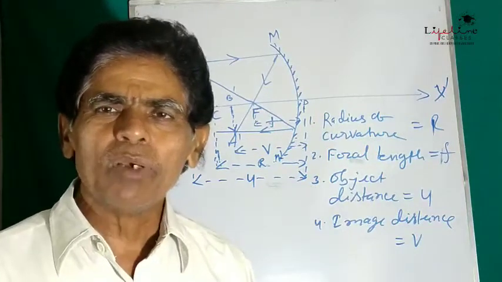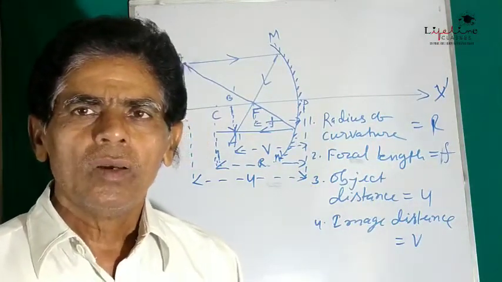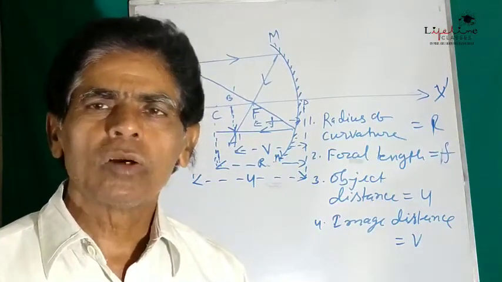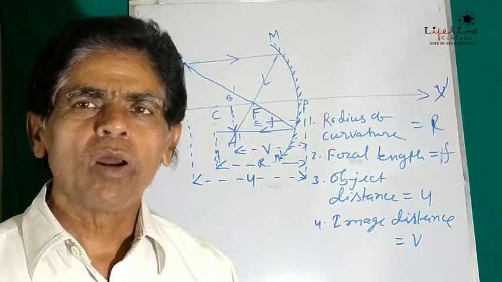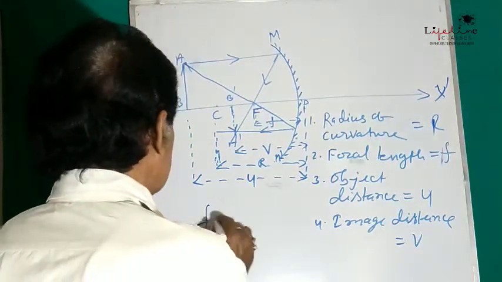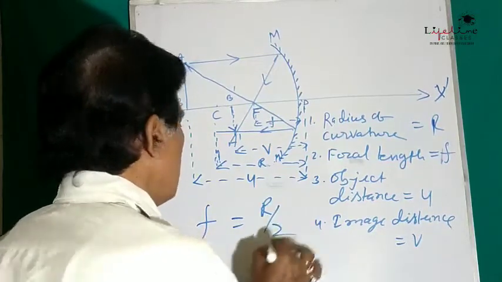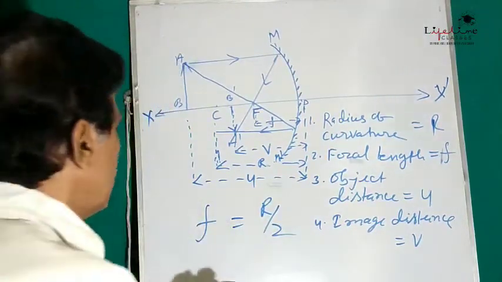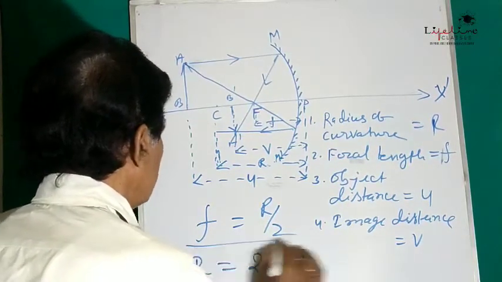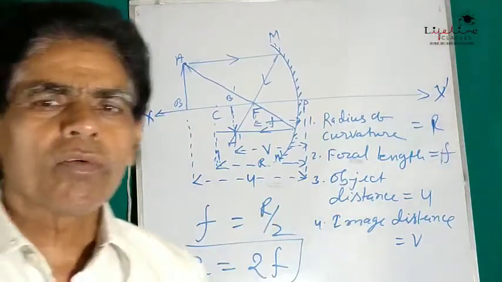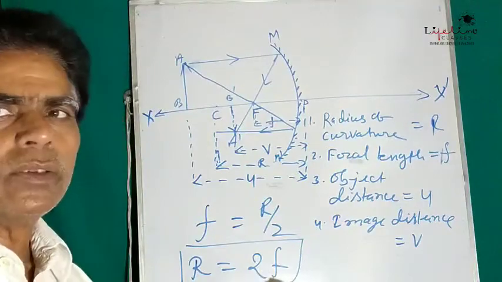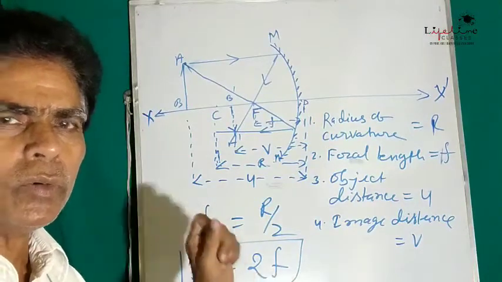Geometrically, it can be proved that focal length is half of the radius of curvature, means a small f equals r by 2, or we may write r equals 2f, means the radius of curvature is twice the focal length.